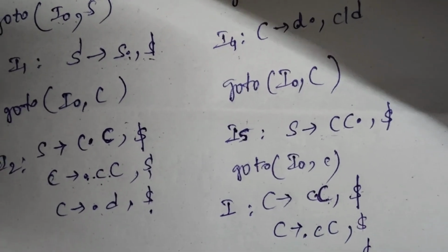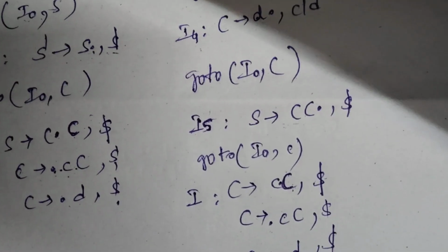Next go to goto(I0, c) and shift this small c here. After shifting, the production becomes like this, and the dot is followed by a non-terminal capital C. So we need to write all the productions of capital C. What are the productions of capital C? C produces cC, C produces d.